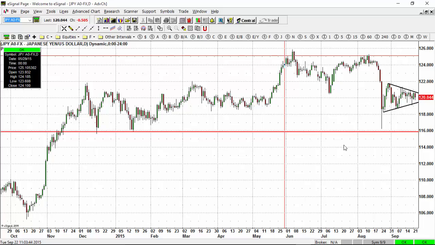By getting involved in the market and actually doing something, that's when you can reap the rewards from the markets. Yes, there will be times when it will be frustrating. Yes, you will go on some losing streaks, but at the end of the day, when you hit a winning streak, your winning streaks should be above your losing streaks, and that's how you make consistent money in the market.